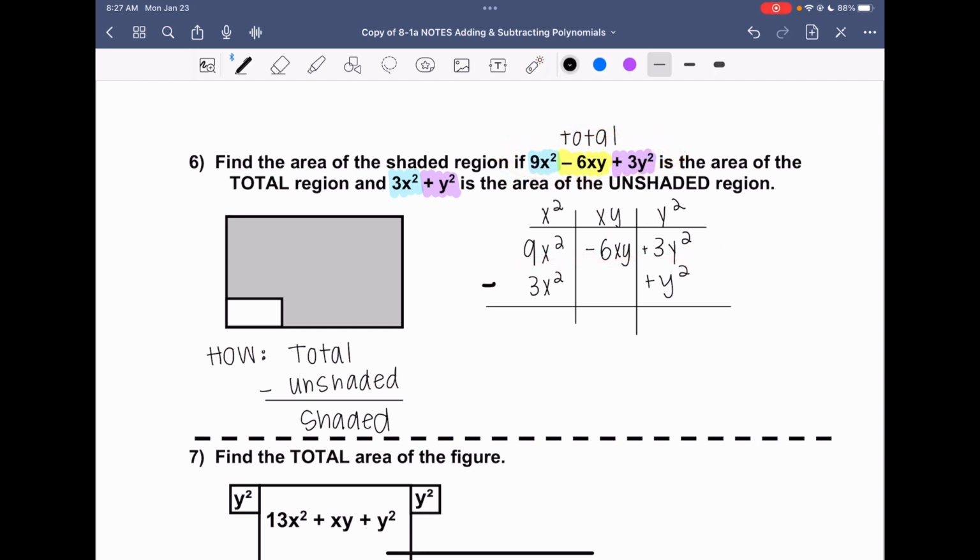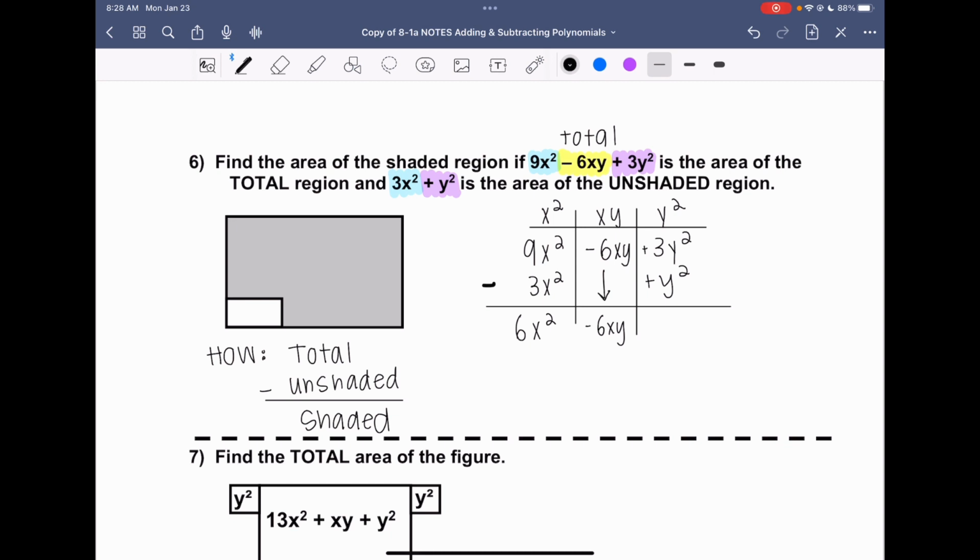Okay, so 9 minus 3. 9 minus 3 is 6, so we have 6x squared. We don't have anything to subtract here, okay? So then it just stays negative 6xy. So you just bring it on down. And then we have a 3 minus 1, because that's an imaginary 1, so 3 minus 1 is 2.